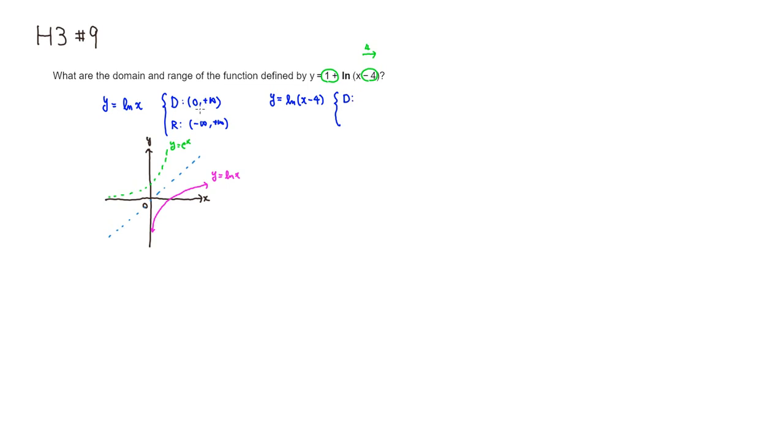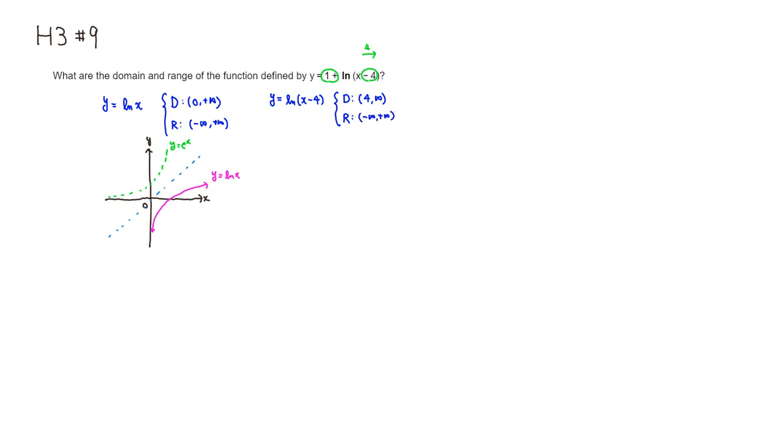It used to start from 0, now you have to shift that to the right 4 units. So you're going to start from 4 and go to infinity. And the range is really unaffected since this is a horizontal shift. It's all real numbers anyway.